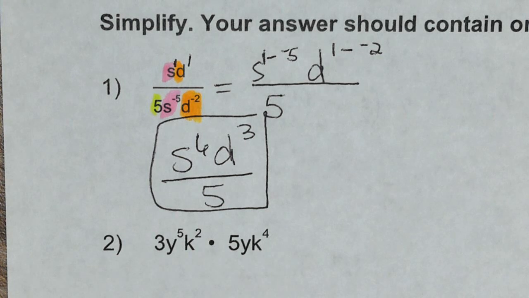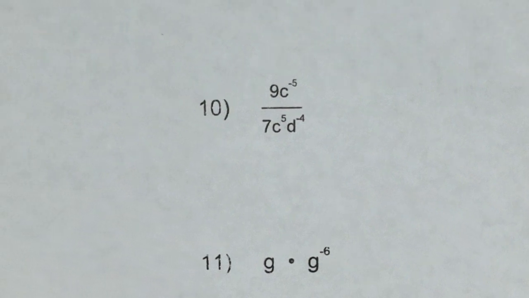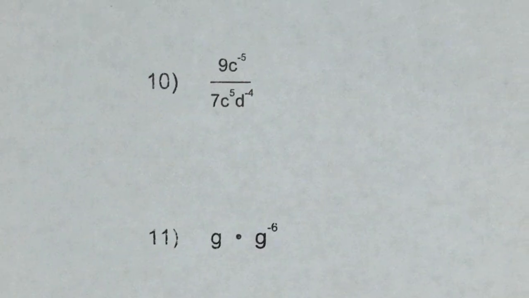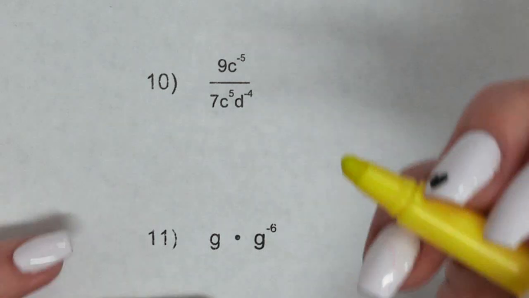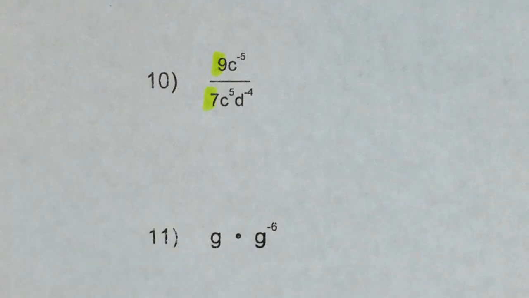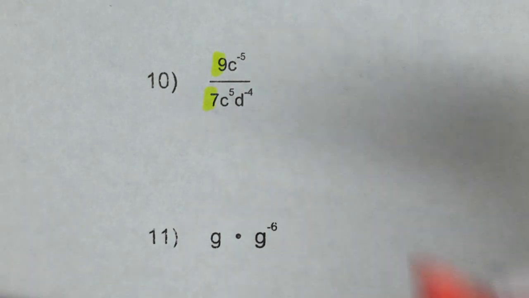Let's do number 10, and then you're going to be on your own. Nine sevenths. Can that be simplified? No. So 9's going to stay on top, 7's going to stay on bottom.